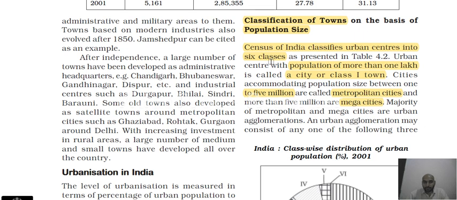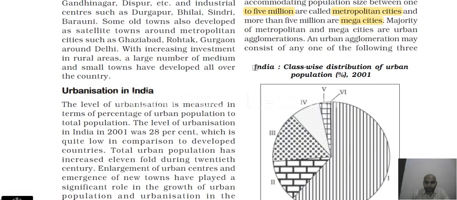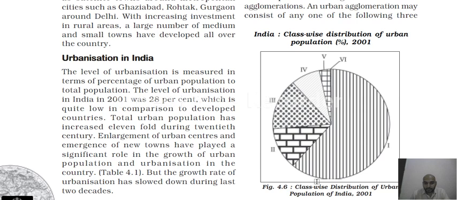You will find class 1 towns, metropolitan cities, and mega cities. And we have towns also divided from class 1 to class 6. Now, what we get from this is that the majority of the population lies in the class 1 town.